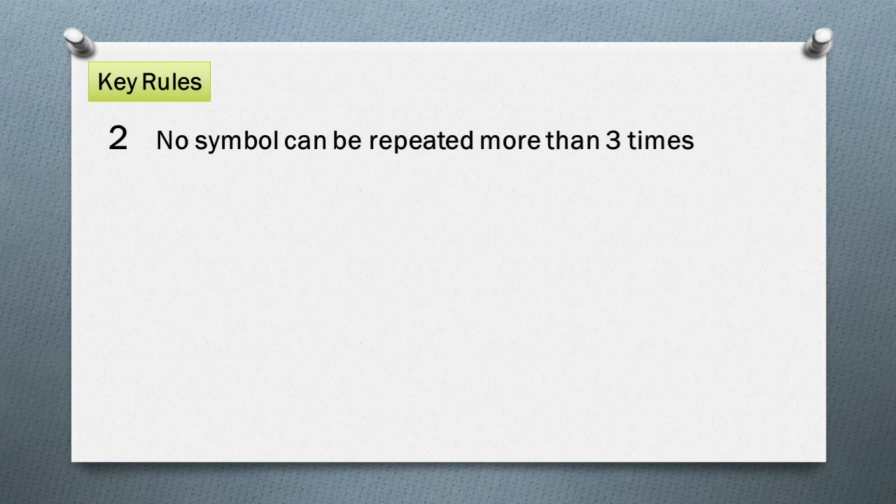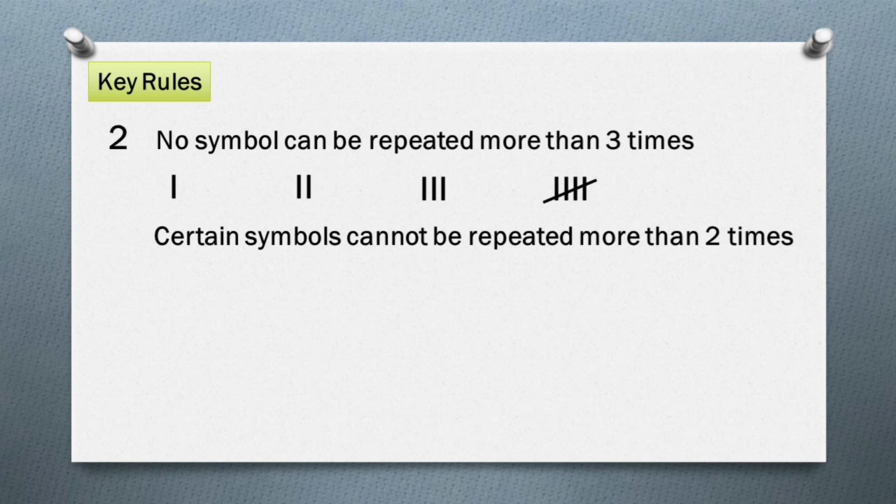The second rule is that we cannot repeat a symbol more than 3 times. For example, we can use the symbol I once to write 1, twice to write 2, and thrice to write 3, but we do not use it 4 times to write 4. Also, there are certain symbols which cannot be repeated more than 2 times.